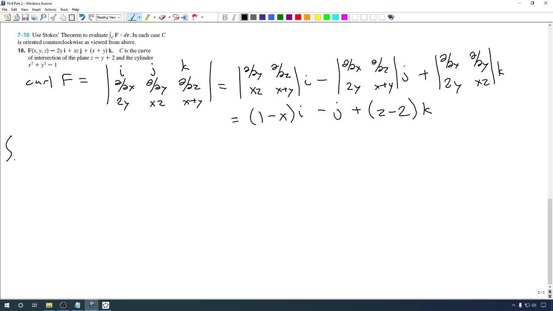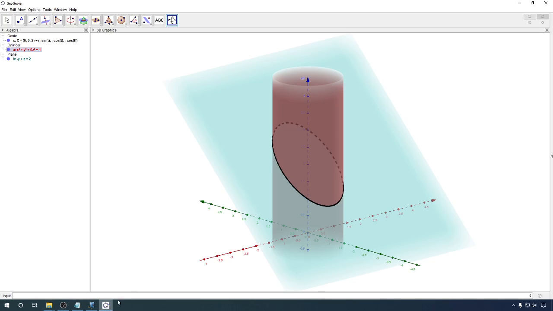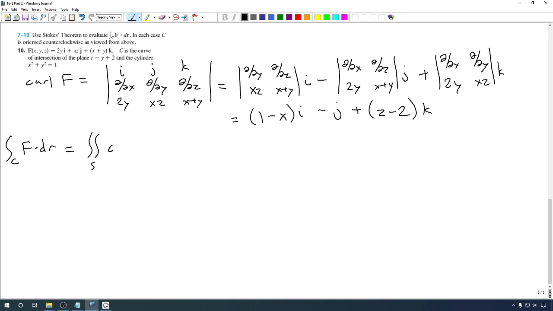And so our line integral over that curve of f dot dr is going to equal the surface integral over our, I already said it was going to be our plane. Technically, we could use a different surface if we wanted to, but the plane is the one they kind of already gave to us in our picture. We'd have to come up with something completely different if we wanted to use a different surface. Of course, the plane is probably pretty simple as well.